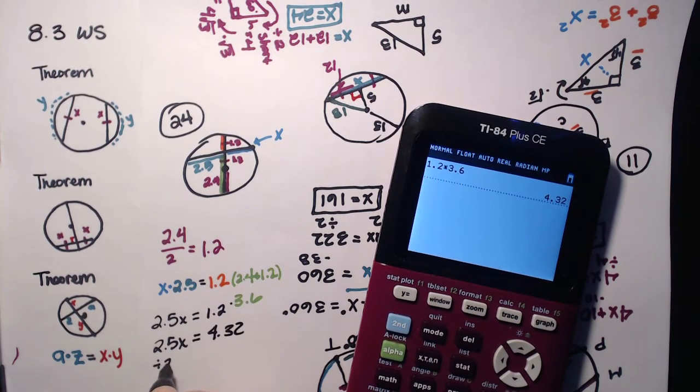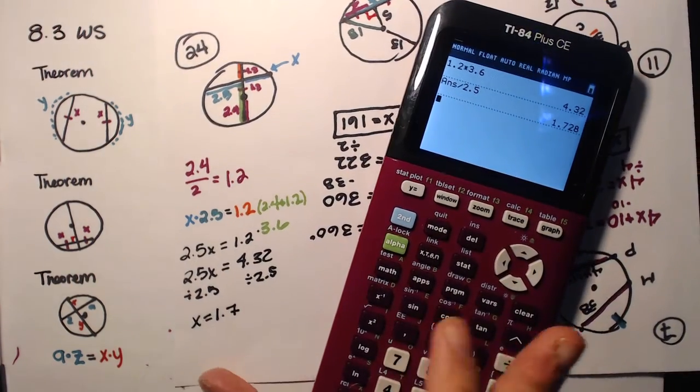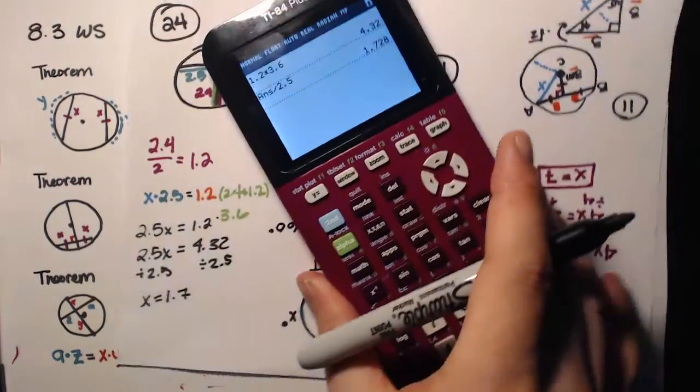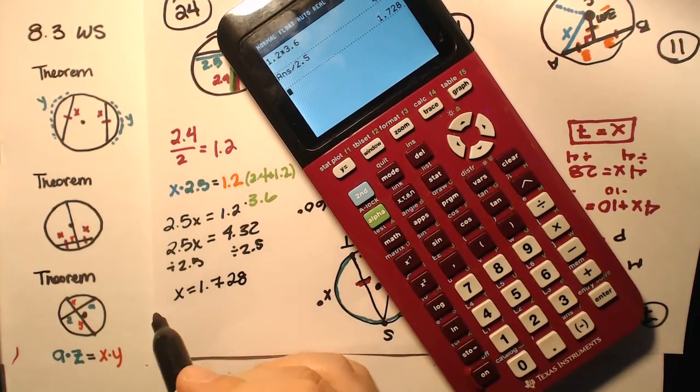Then you divide. So take that number and divide it by 2.5. So 1.728. Oops. Doing this one-handed now because of the baby.